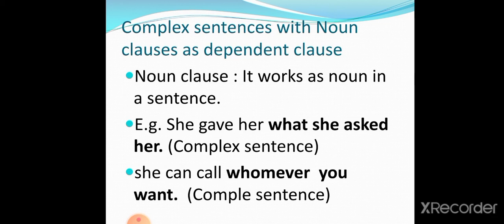What she asked her is a dependent clause and she gave her is an independent clause. So when they both are combined, it gives you a complex sentence. She can call whomever you want is also a complex sentence.